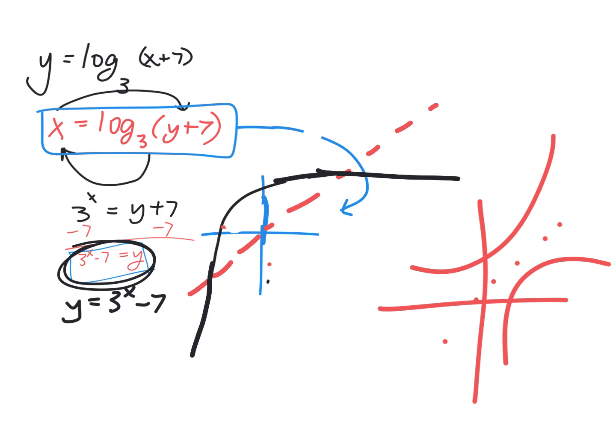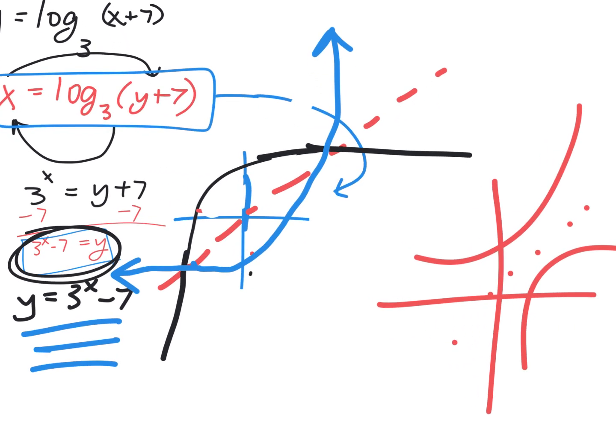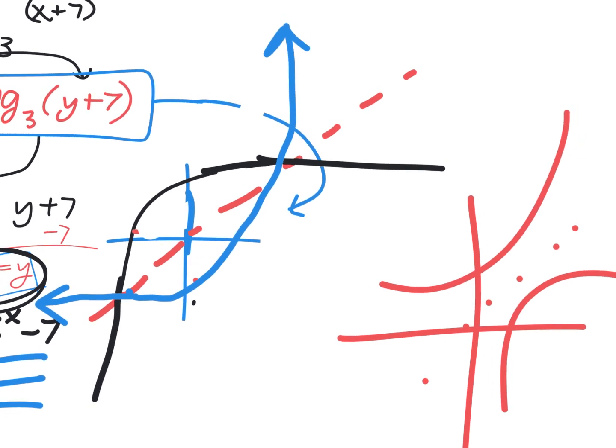And now my exponential is going to look like that, which is 3 to the x, but shifted down 7. So yay, it actually all works. It just, in my head, I couldn't see that reflection across that line. And now I see it, and now I know I wasn't misleading you. You just switch the x and y around, and then you solve.